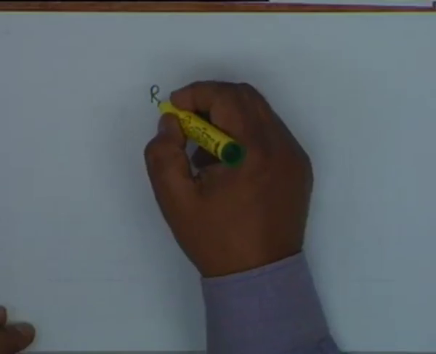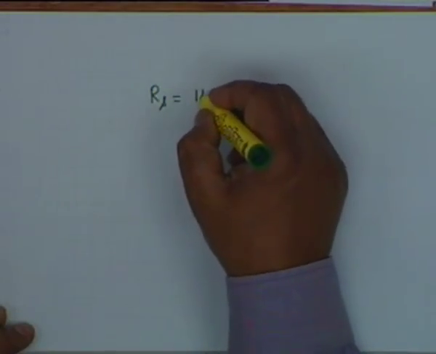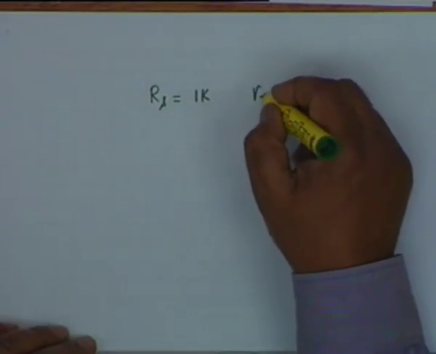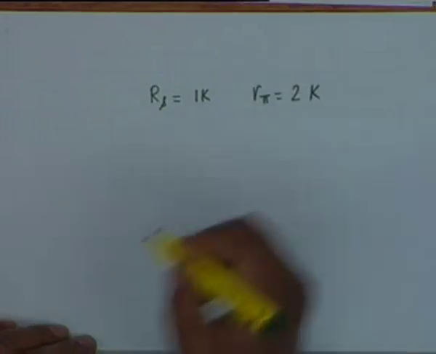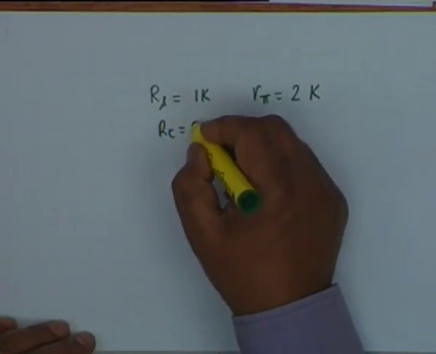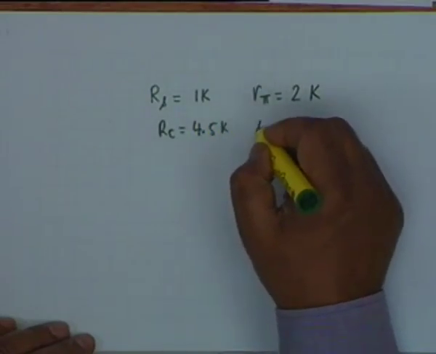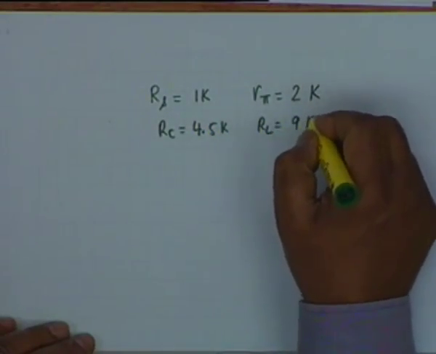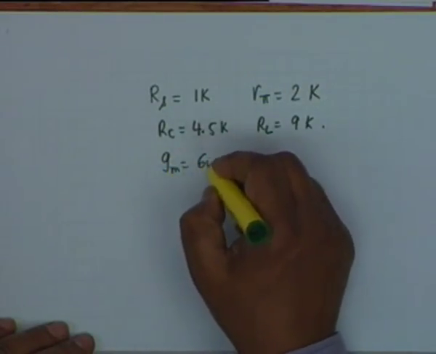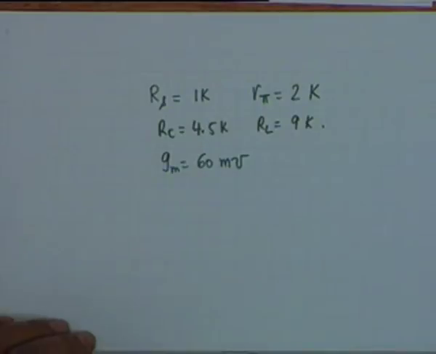Suppose you are given an amplifier in which Rs is 1K, the source resistance is 1K, the same design data, but to bring variety, let us say R pi is 2K, Rc is 4.5K and RL is 9K, GM is let us say 60 millimho. What does this correspond to? I sub C?